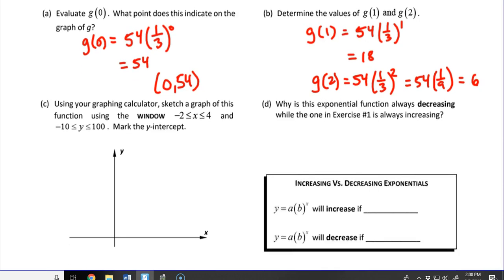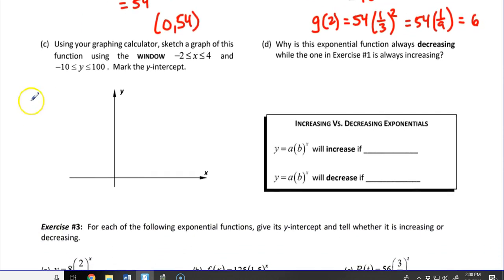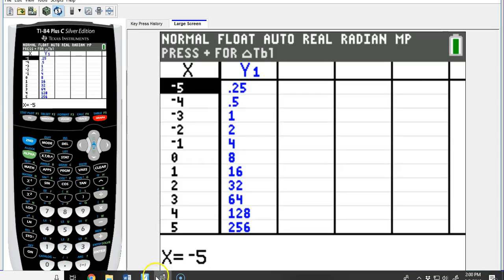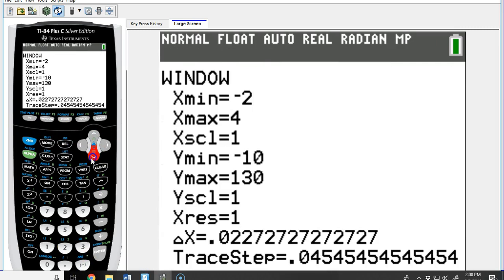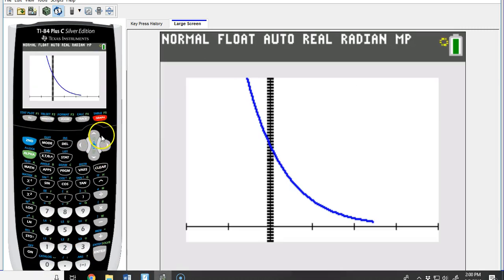Part C asks us to make a sketch using our calculator in this window, -2 to 4, -10 to 100. Okay, well, what's our y-intercept? The question asks us to label the y-intercept. Well, that's the place where x equals 0, right?